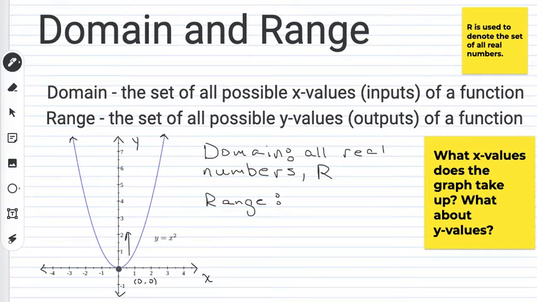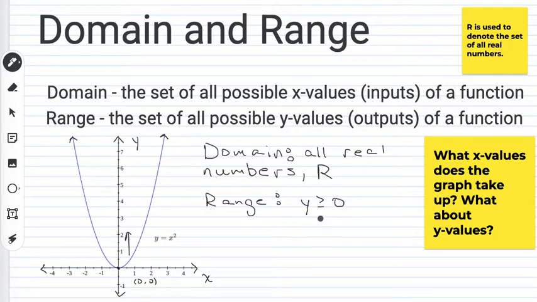Every single point is either at 0 or above 0. So when we write the range down, we want to think of y values. And the y values is going to be everything greater than or equal to 0. So I get y is greater than or equal to 0. And that's because y can be 0, but it could also be greater than 0, because those are the y values that this graph is going to take up.